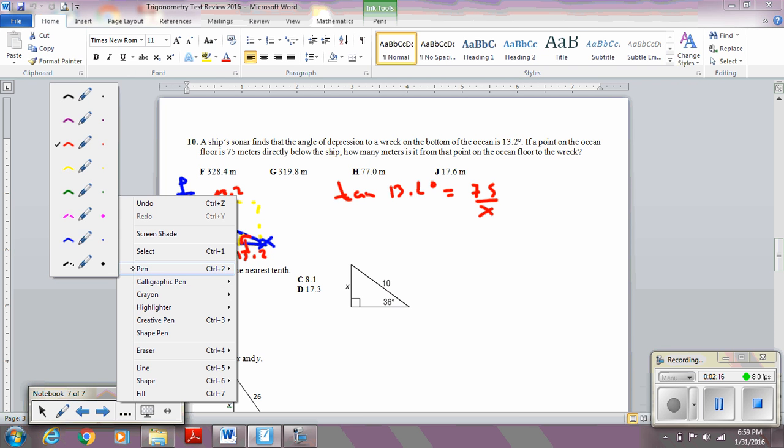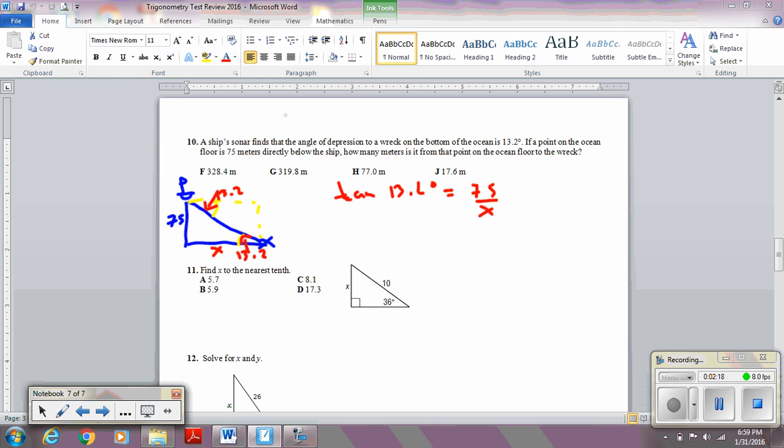So I'm looking for a side, and now X is on the bottom. So we're going to simply switch places with X and tan. So X is equal to 75 over tan of 13.2.